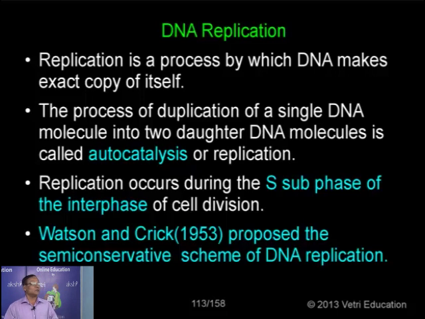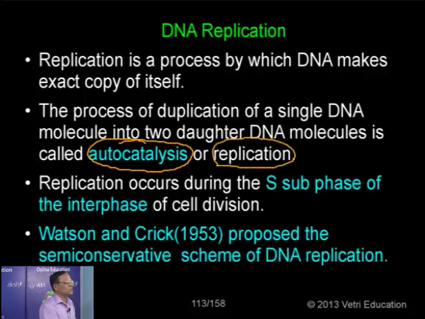And this process is also called autocatalysis. So the replication of DNA is the best example for autocatalysis. That means a particular material is capable of directing the synthesis of itself. So DNA directs the synthesis of its own molecule. That is why the process is called autocatalysis, also called replication, because it produces an exact copy of itself.